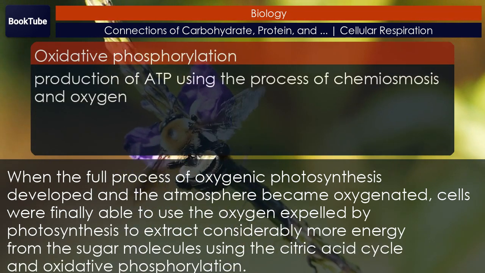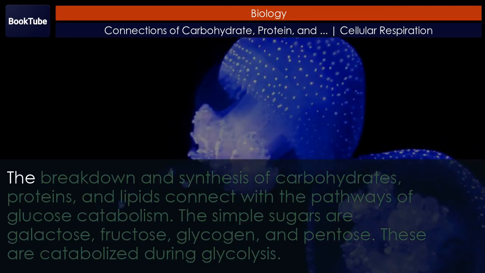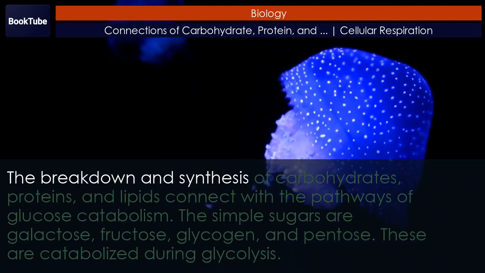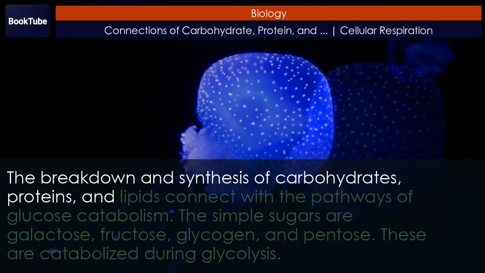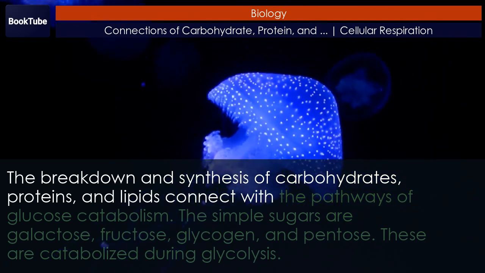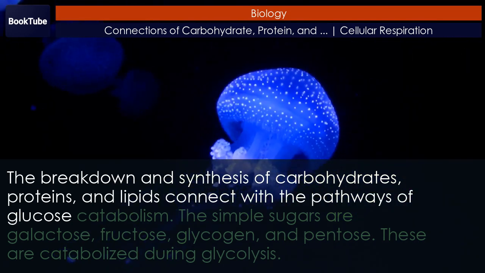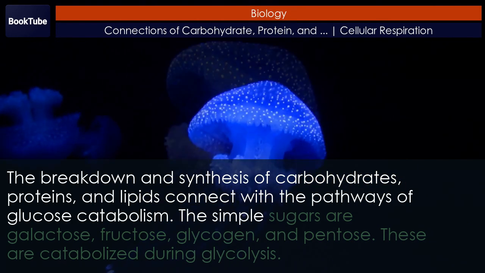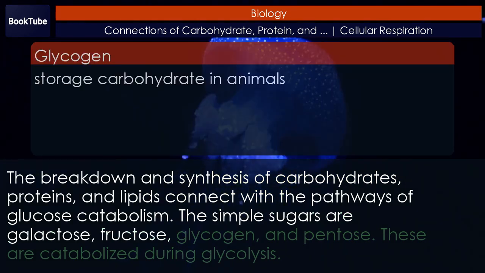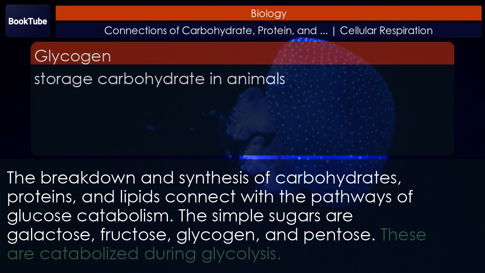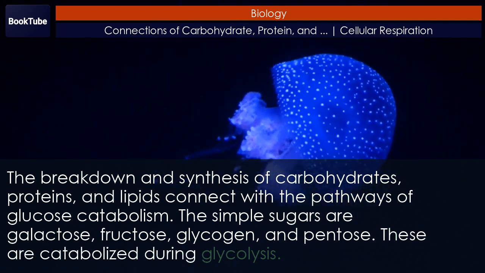Section summary. The breakdown and synthesis of carbohydrates, proteins, and lipids connect with the pathways of glucose catabolism. The simple sugars are galactose, fructose, glycogen, and pentose. These are catabolized during glycolysis.